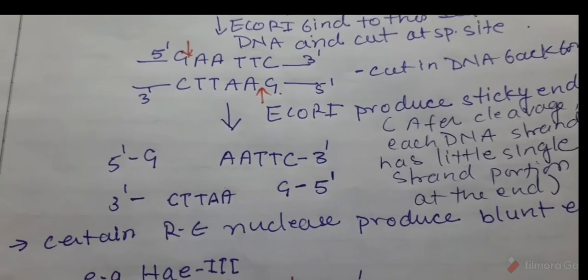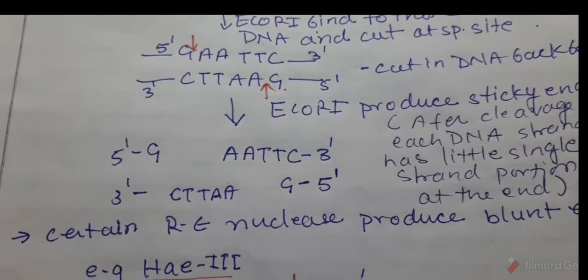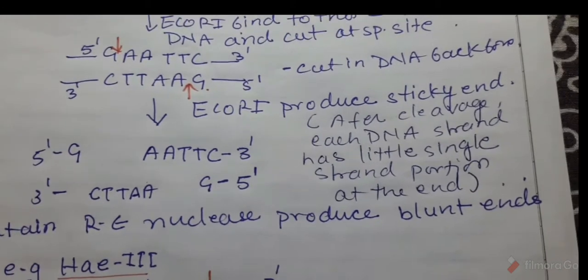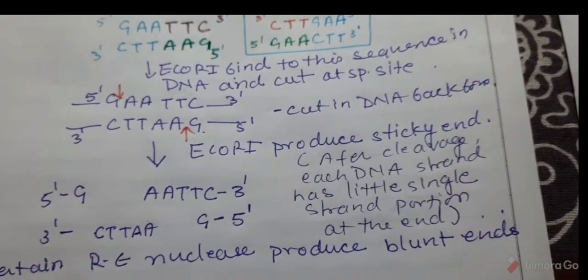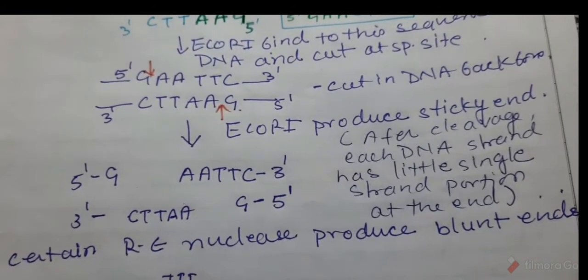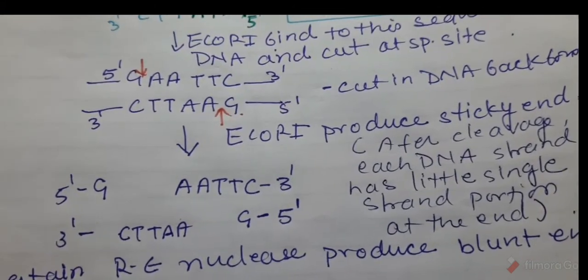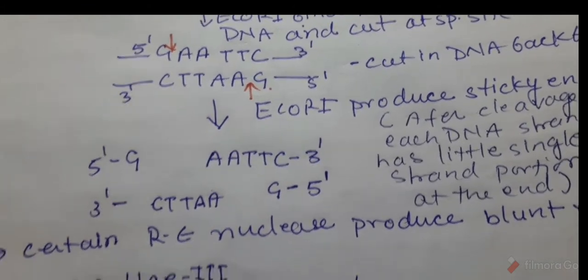Now they are separated. These kinds of ends, in which one of the DNA strands has a little single-strand portion at the end, are called staggered ends or cohesive ends.